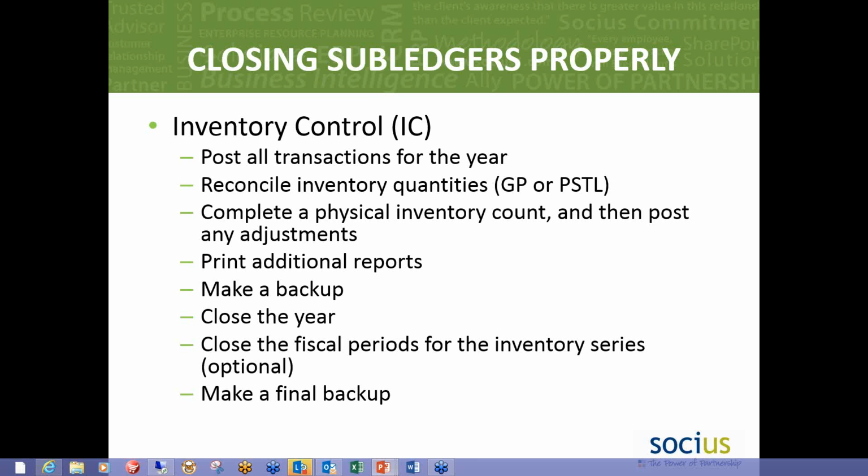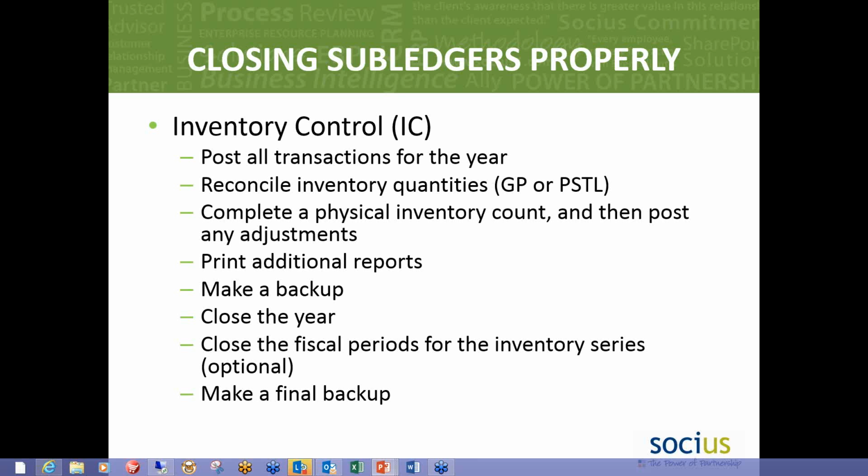We would then complete our physical inventory count, whatever method we use to do that, whether we make manual adjustments or use our stock count functionality in the inventory module, and then post all of the adjustments.